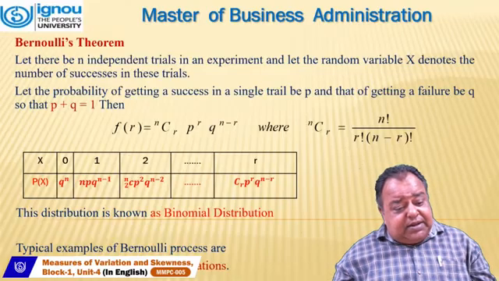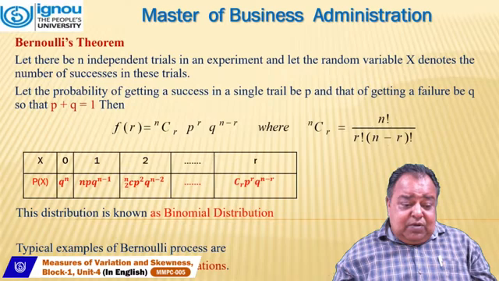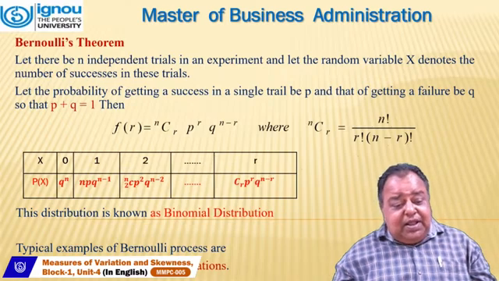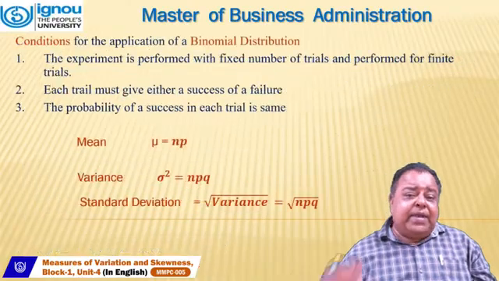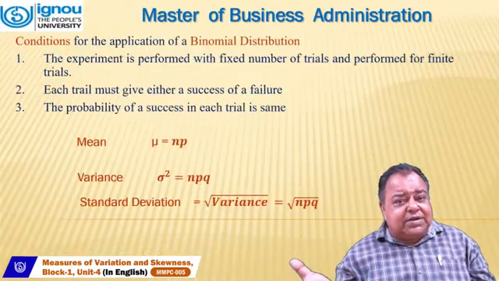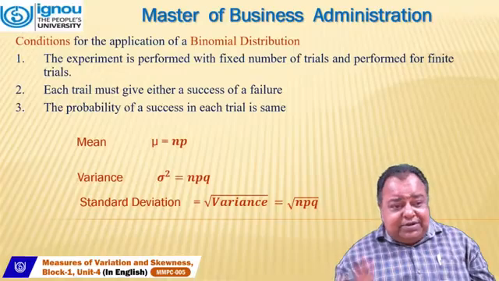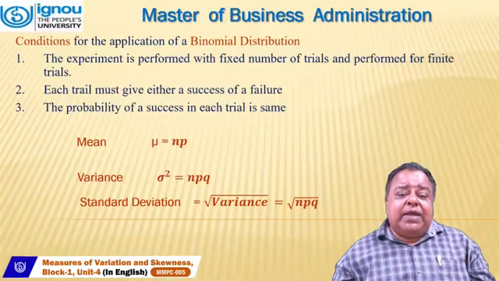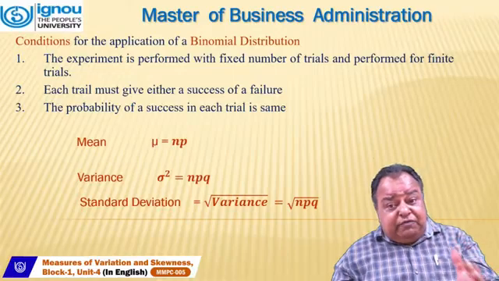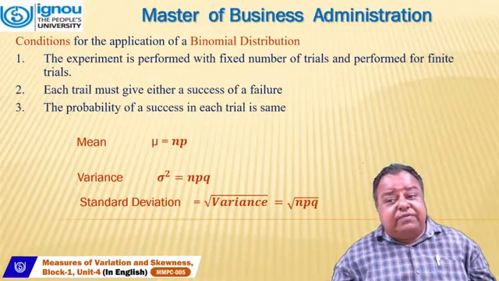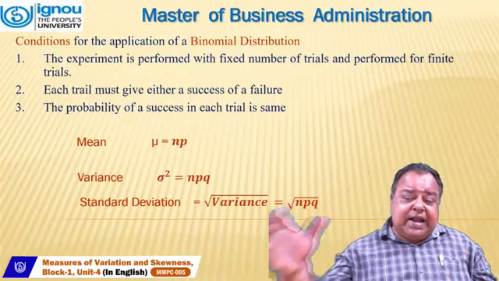Now there are typical examples where this is used: coin tossing and success-failure situations. That means depending upon the situation, we have to use the relation. Conditions for the application of binomial distribution: the experiment is performed with a fixed number of trials, that is, finite trials.